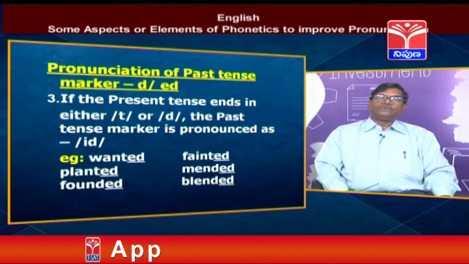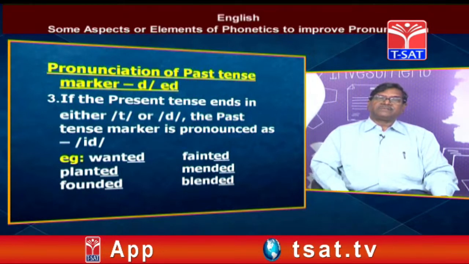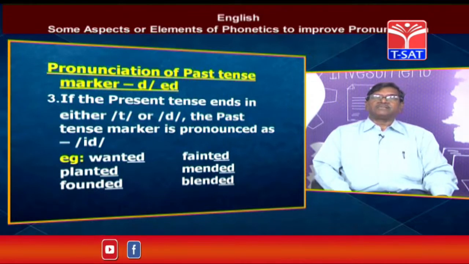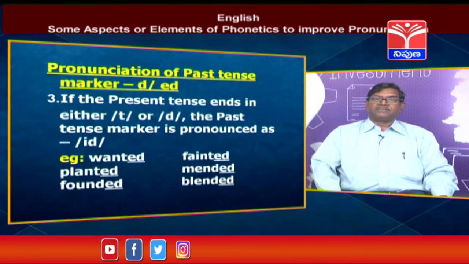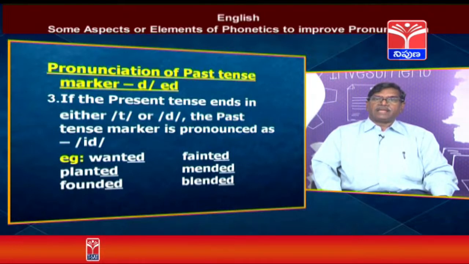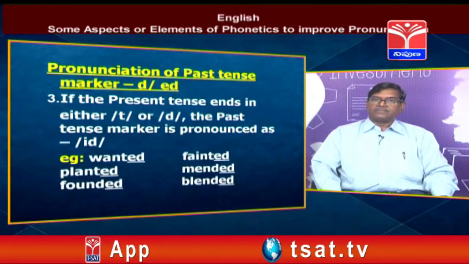Here, if the present tense ends in either t or d, the past tense marker is pronounced as id. Want, wanted, faint, fainted, plant, planted. Not planted, not fainted.